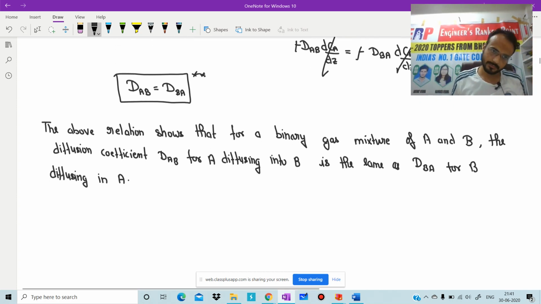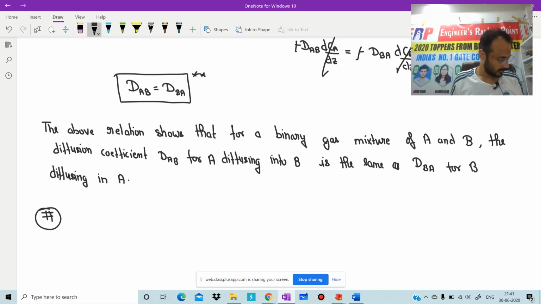Now next, in equimolar counter diffusion, again, just give me 1 second. Okay, I will tell you that point after some time. Is it clear?